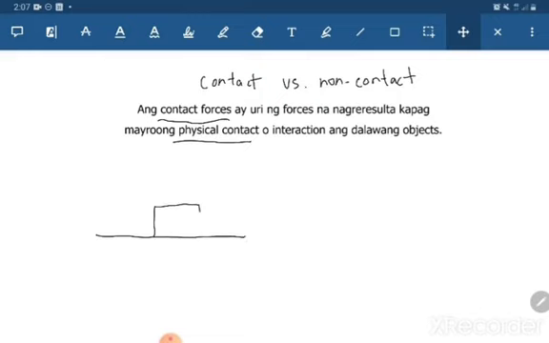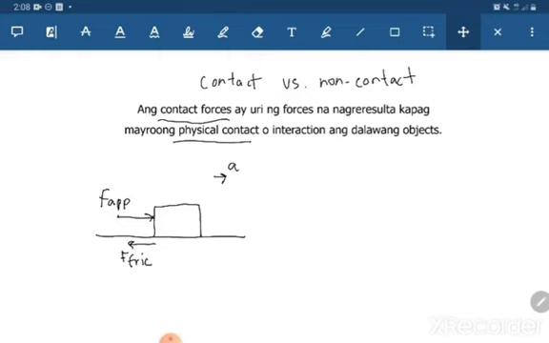For example, you have a box. Tinulak mo siya gamit ng kamay mo, nagkaroon ng interaction ng iyong kamay and that box, well, you have a force. That's the applied force. Nag-accelerate siya to the right, interaction between the box and this surface, that's frictional force.